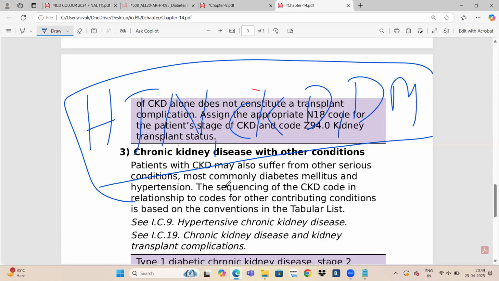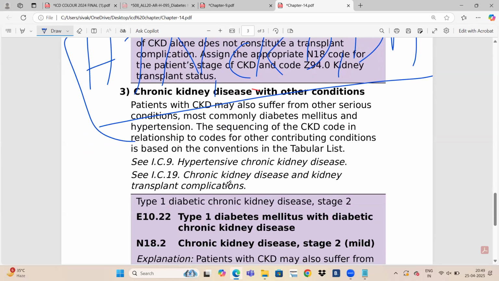Ask all your doubts on these three conditions. We will get one question in the exam anyway. Patient has CKD, DM and hypertension. Whatever doubts you have, you can ask me.